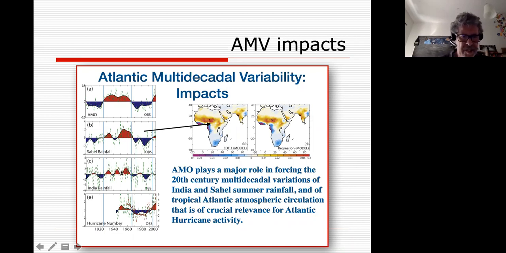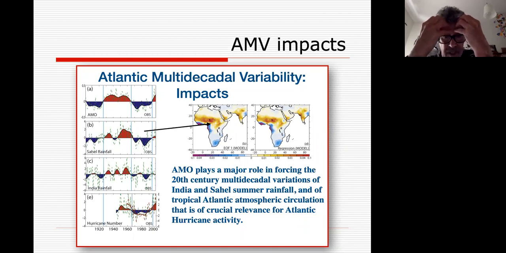And the India rainfall correlation is less striking, but still the two plots show some similarities, especially for the negative part.